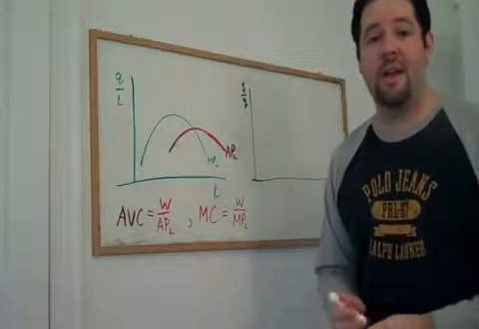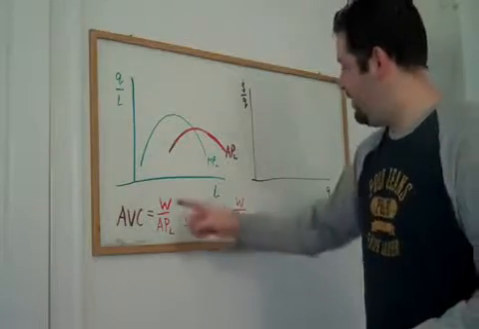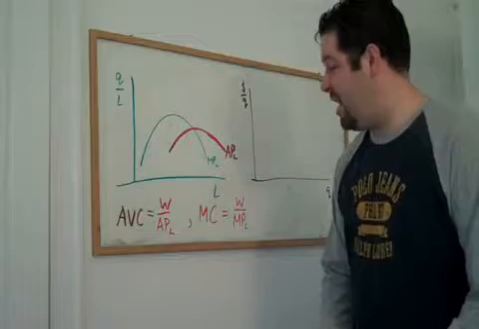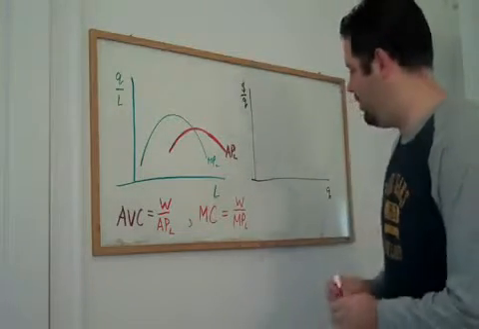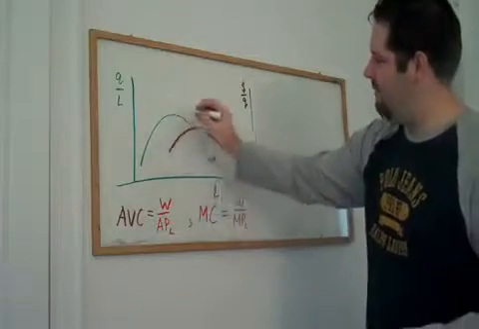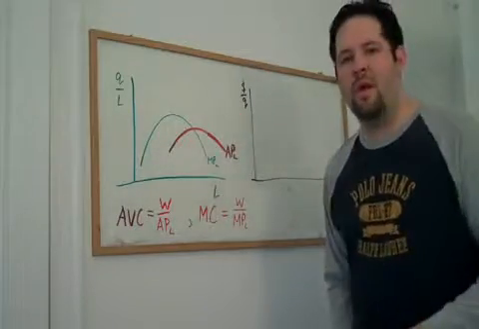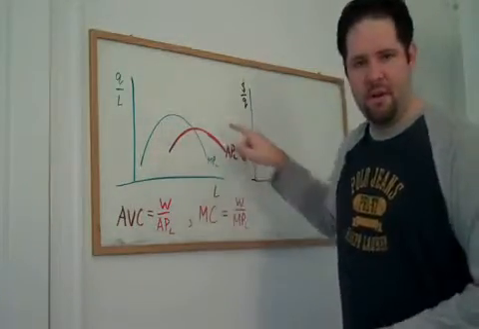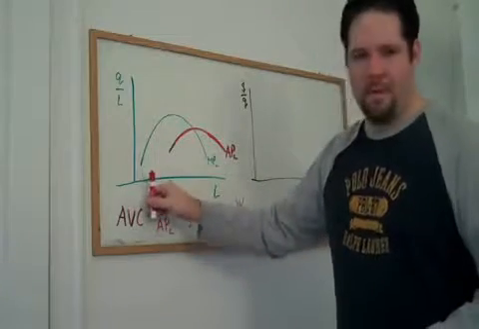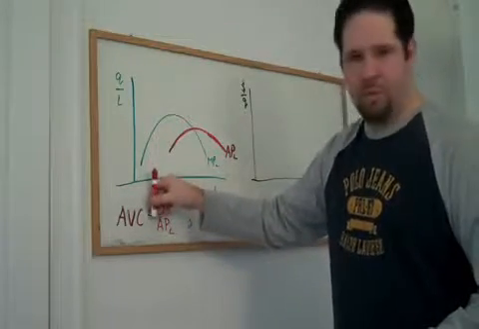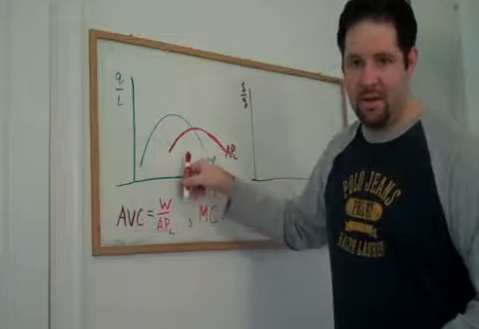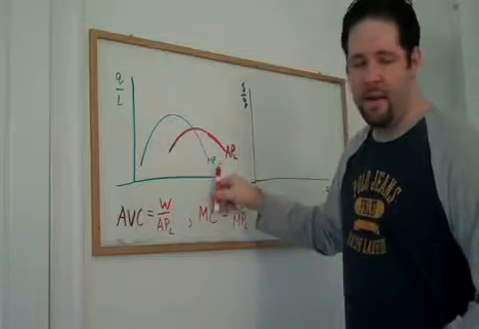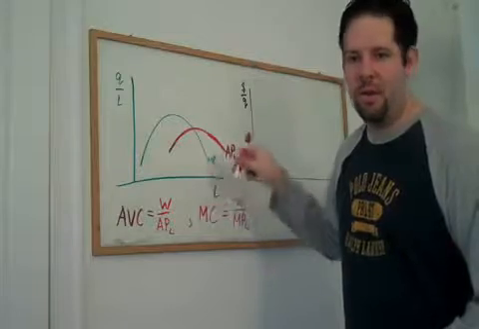So let's go ahead and think about what these equations imply for the shape of average variable cost and marginal cost. Well, notice that both average product and marginal product are inverted U-shaped. Another way of looking at the inverted U-shape is that for low amounts of labor, marginal product is low. For intermediate amounts of labor, marginal product is high. And for high amounts of labor, marginal product is low.